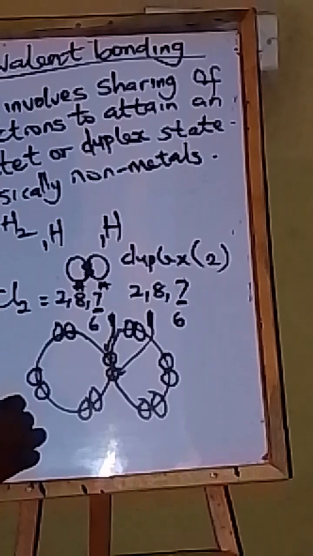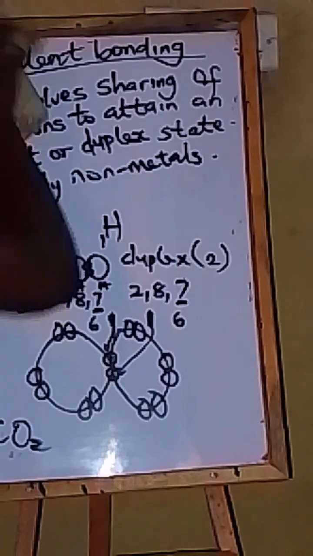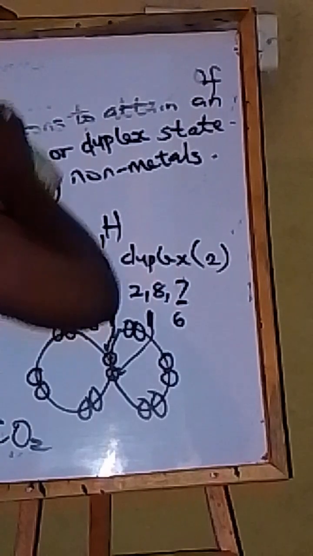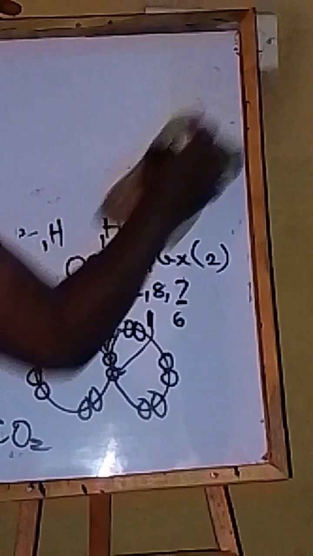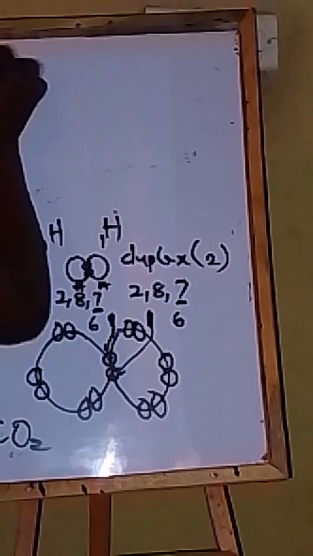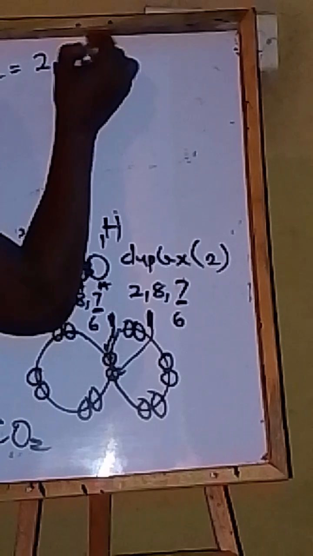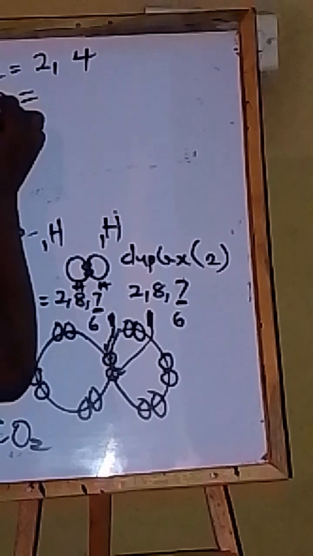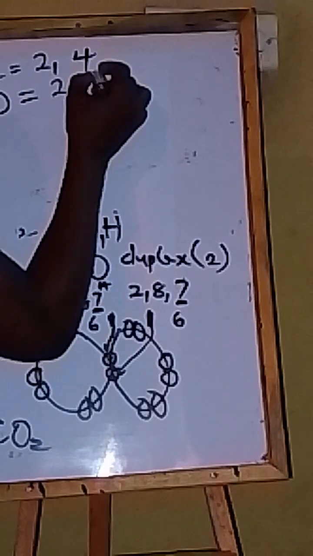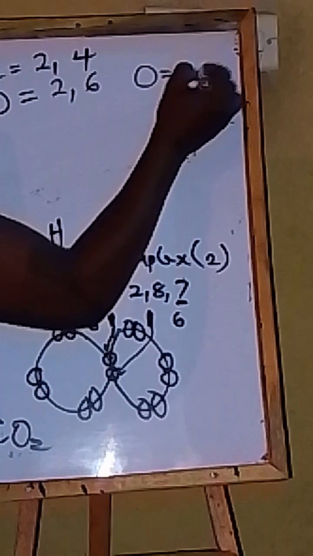I want us to look at another example like CO2. If you look at CO2, C is 6 and that is 2, 4. O is 8, which is 2, 6. Then the other O is 2, 6.